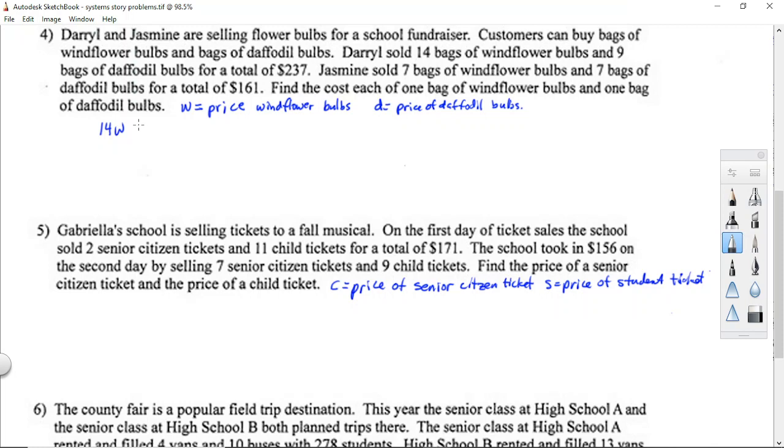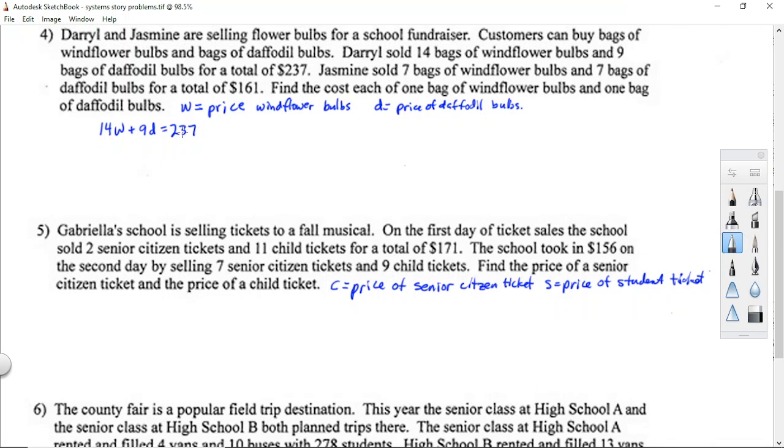He also sold 9 bags of the daffodil bulbs, so he got 9D from selling those, because D is the price of each bag. So the 14W plus the 9D, that's the total that he received, and they tell us the total is $237. So that total equals 237.